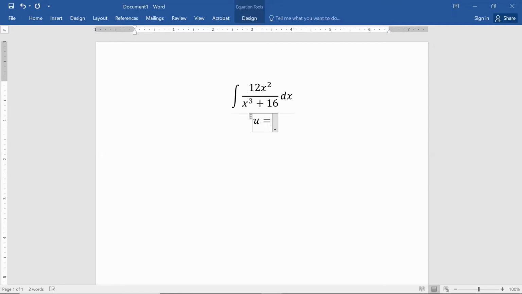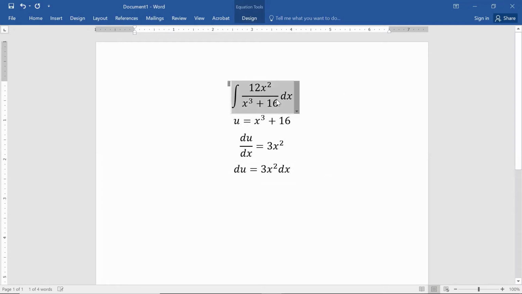We're going to let u be the denominator. When I take the derivative of u with respect to x, I get 3x squared. That means I can get a du if I can get a 3x squared times dx together.